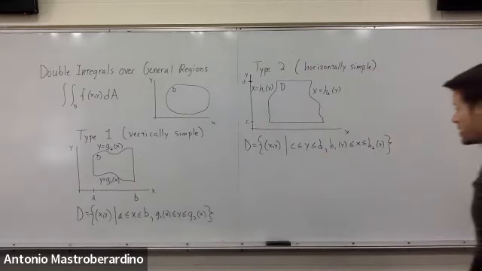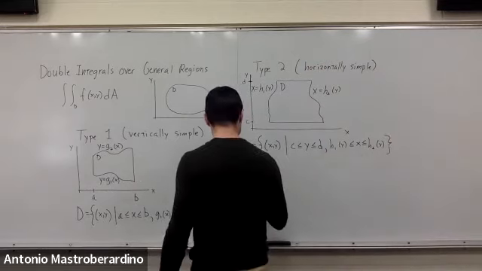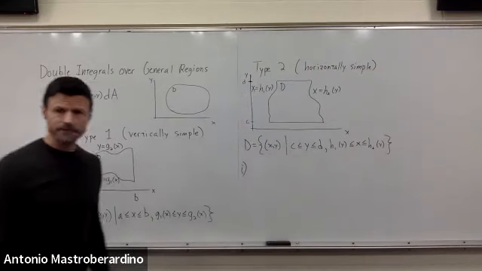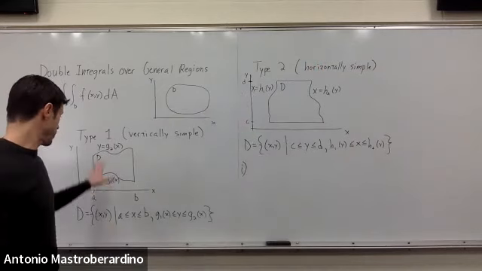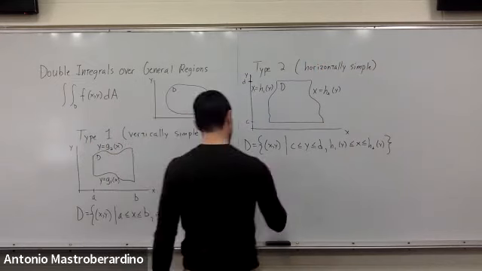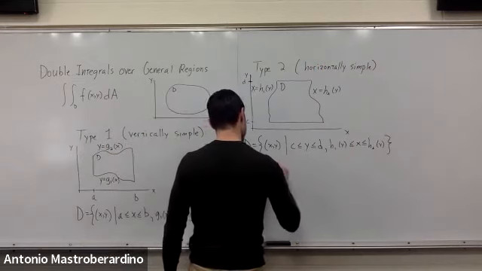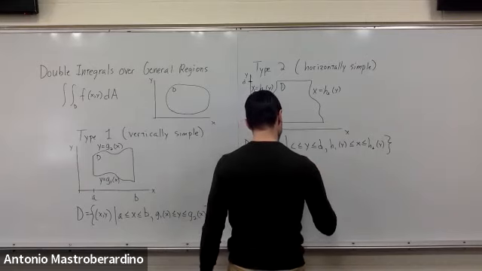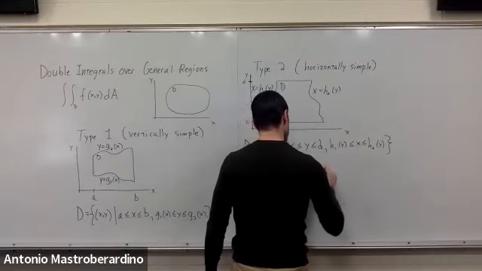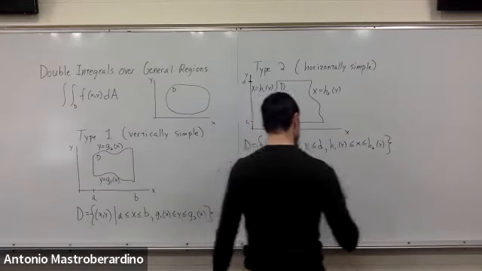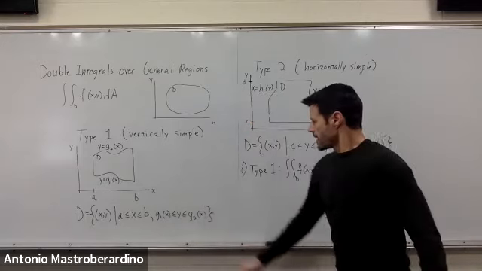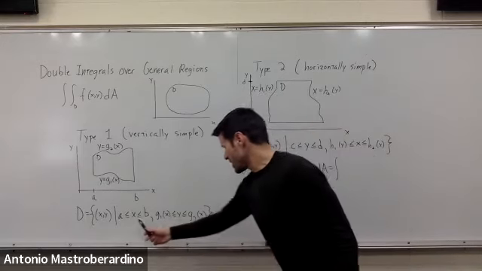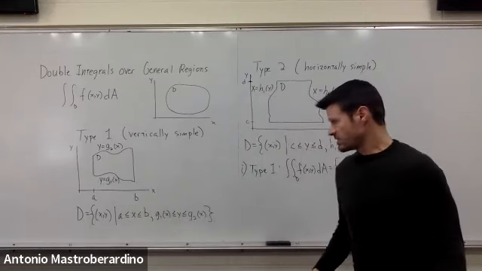So speaking of those conversions, let's write down how we convert a double integral to an iterated integral for each of these two cases. So for type 1, we're going to take our double integral over the region D of f of x, y, and we are going to convert it to an iterated integral where this set builder notation is kind of a guide to how you should set up the limits of integration.